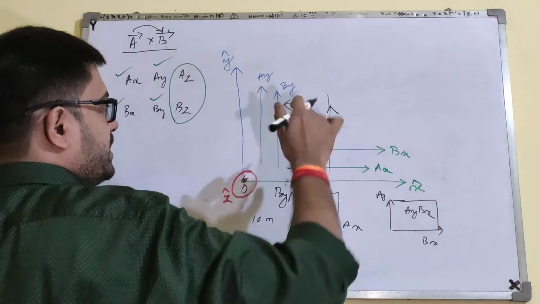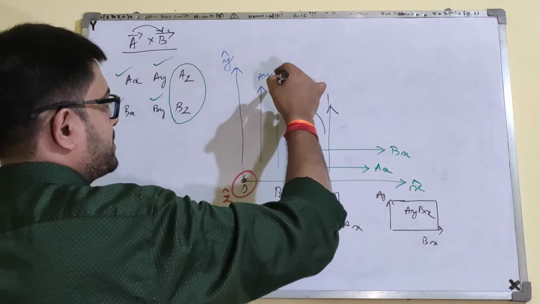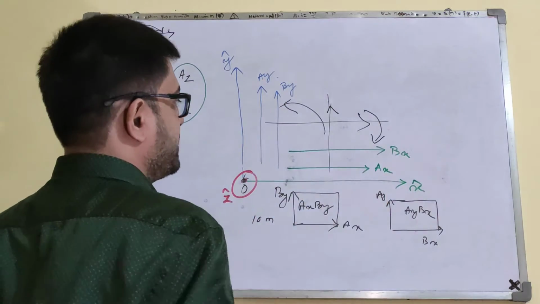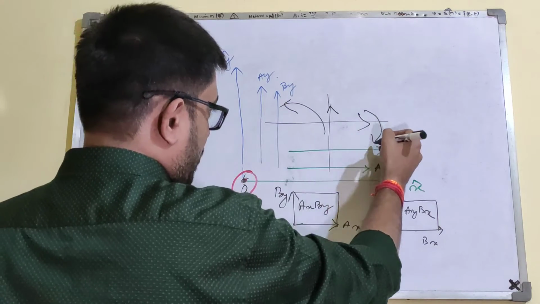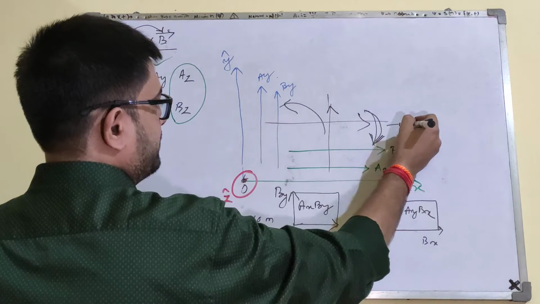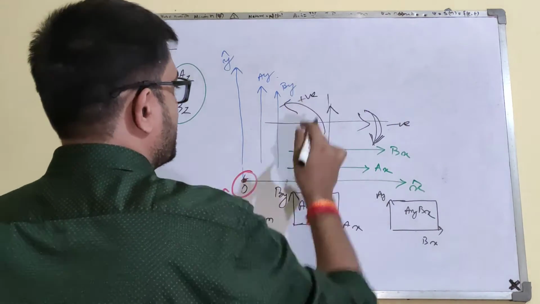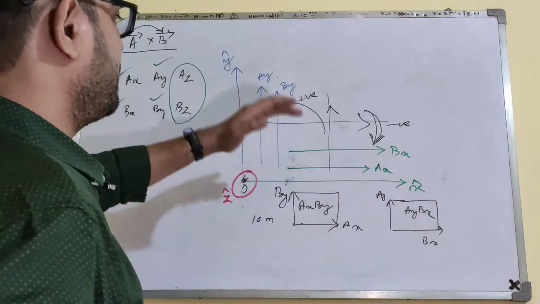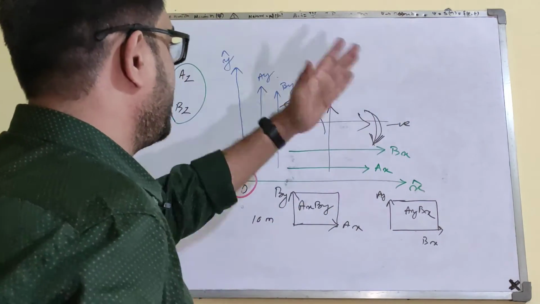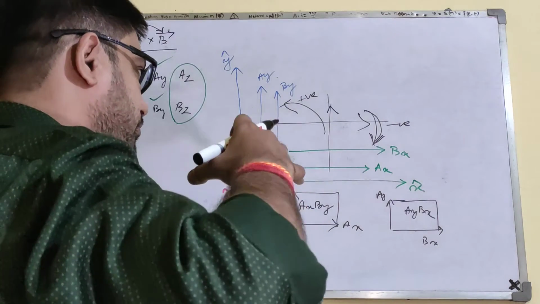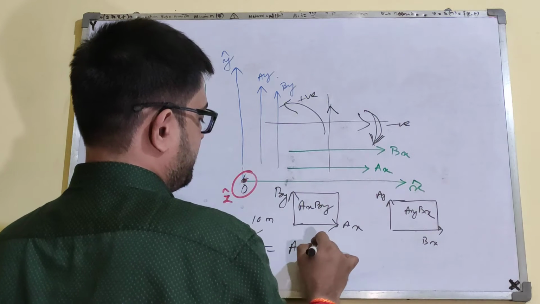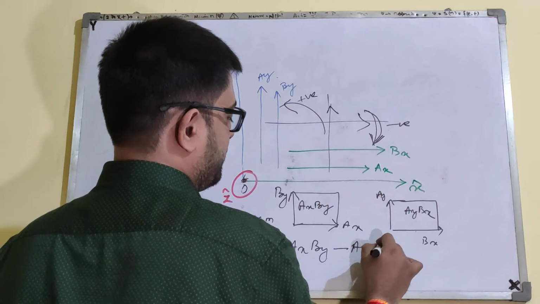However, when you see ay moving through bx, this is clockwise as seen from O. This is negative as per the convention and the other is positive. So the area covered is positive when ax crosses by, but when ay crosses bx, the area covered is negative. So the net area is given by ax by minus ay bx.